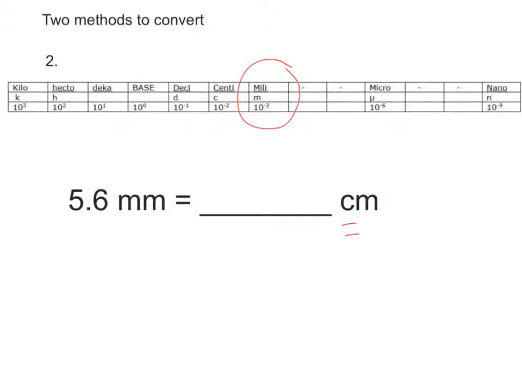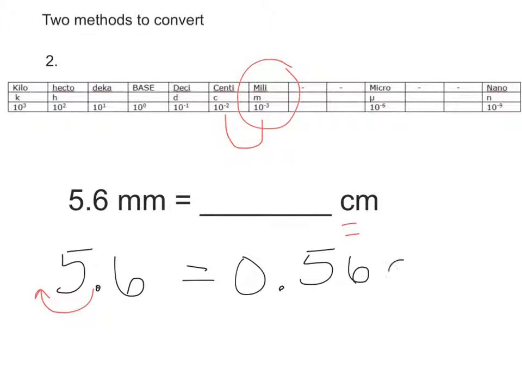So we see that we're going to go one position left. So now we can take that 5.6 and we're going to walk that decimal one place left. Okay, so this is going to be cleaned up, 0.56 centimeters. So this is basically the same thing, it's just using this actual table to walk it instead of using the exponents. So let's look at that other example.